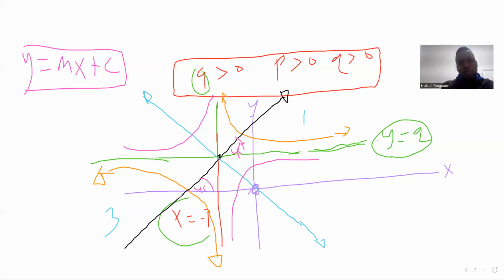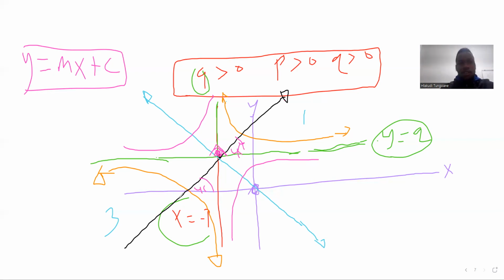So if you take the formula tan theta equals m, then you're going to find the gradient for this one is 1. But since these lines are perpendicular to one another, the angle at which they meet is always 90 degrees.